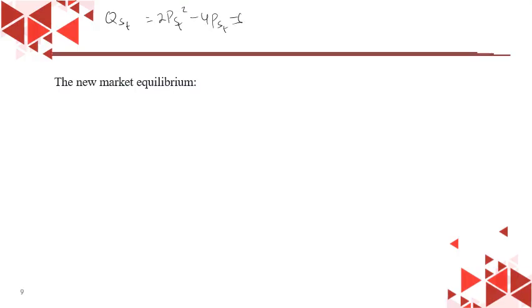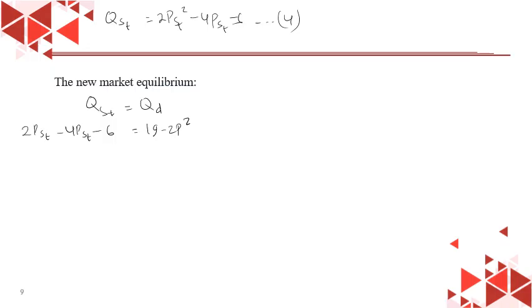Now the new market equilibrium will be QST equal with QD. So 2 PST quadrat minus 4 PST minus 6 equal with 19 minus p quadrat.